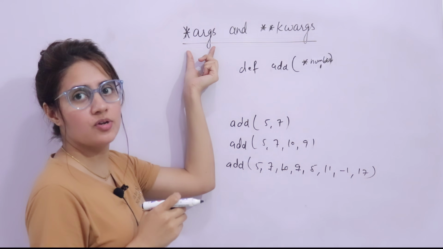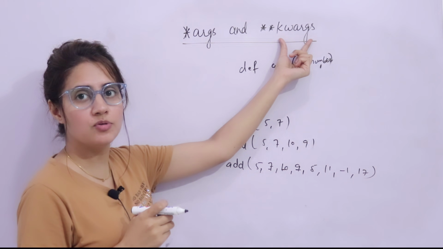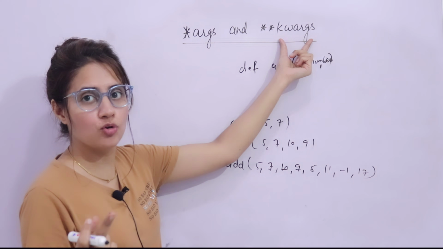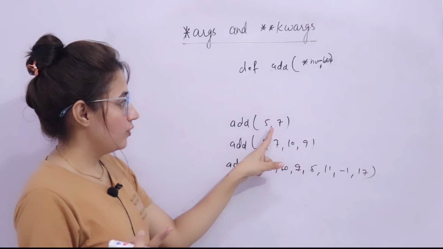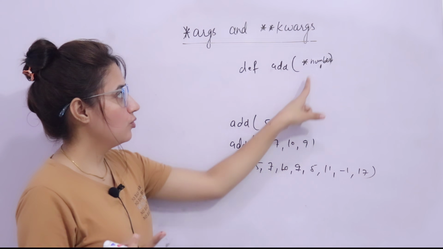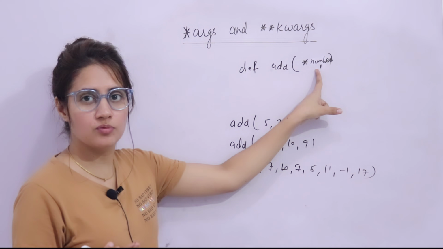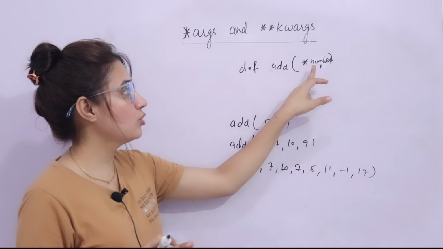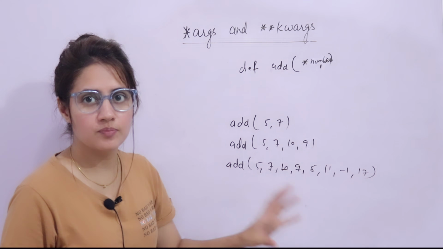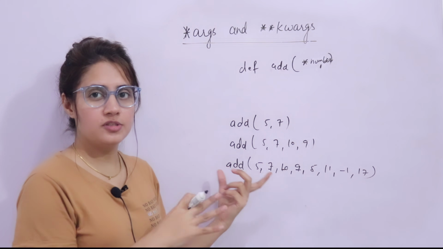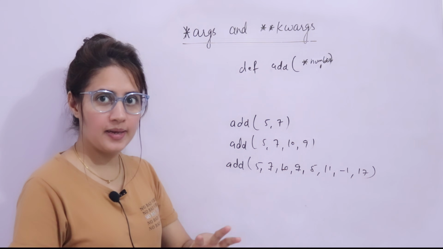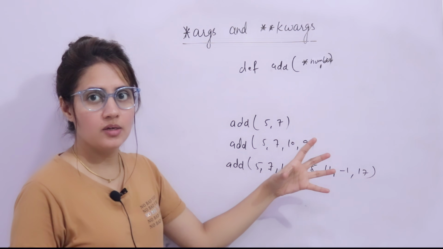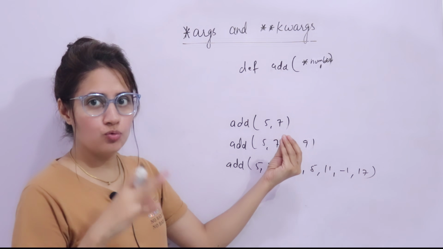This is for arbitrary positional, and kwargs is for arbitrary keyword arguments. So the first time it will accept only 2 arguments, then 4 arguments, then this many arguments. Only one definition you have to specify. So this is arbitrary positional arguments, *args. I'll show you this with the help of an example and how it actually works.